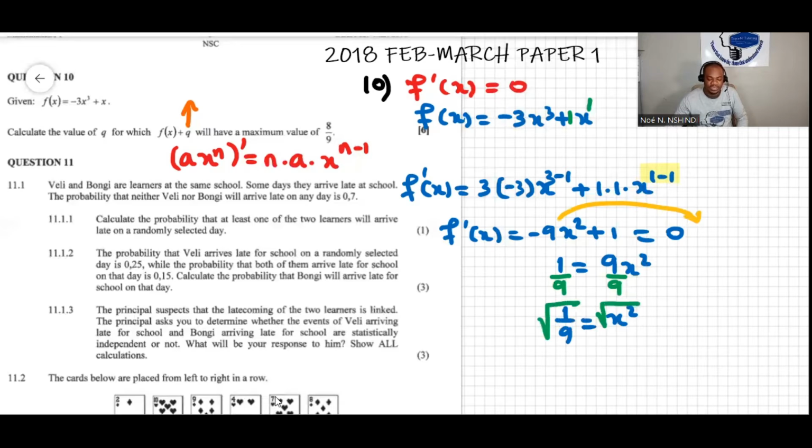Then square root both sides. Careful here, that makes plus or minus 1 over 3 equal to x. So we have a maximum when x is positive 1 over 3 or negative 1 over 3.